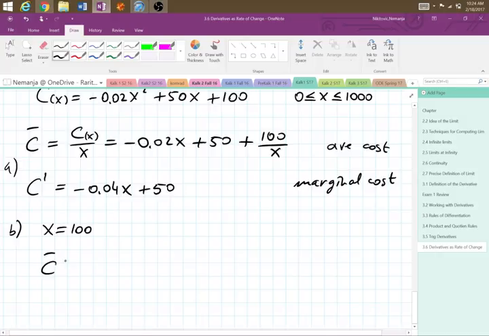So the average cost for 100 units is going to be negative 2 plus 50 plus 1, which is 49. 49 what? Currency. Dollars per unit.